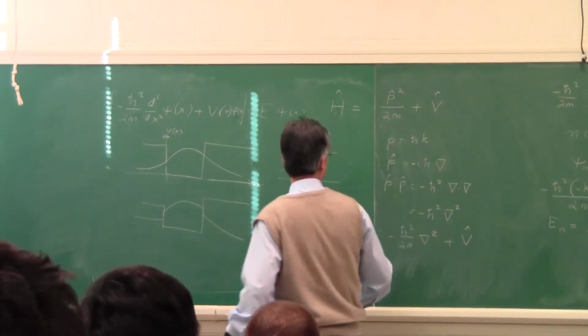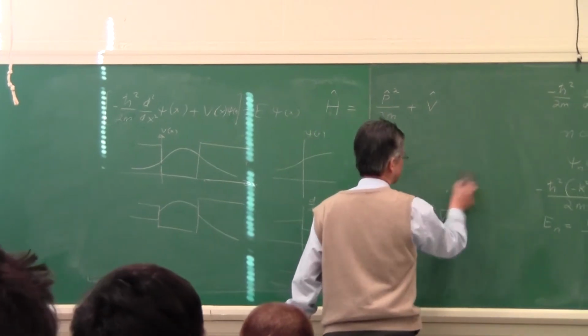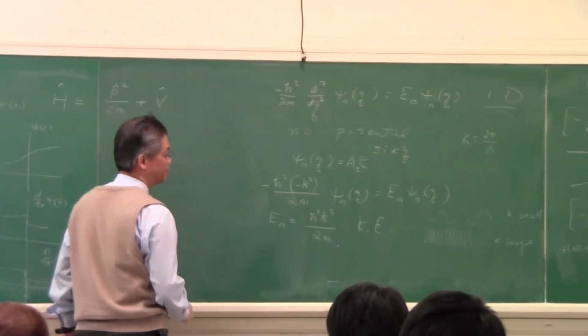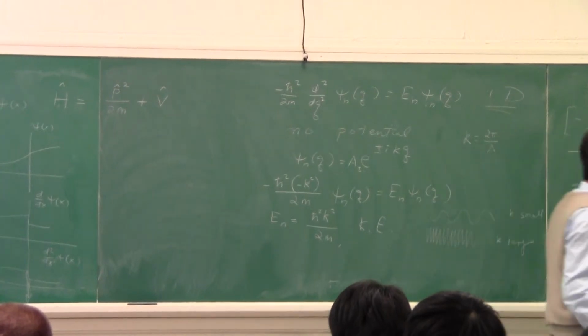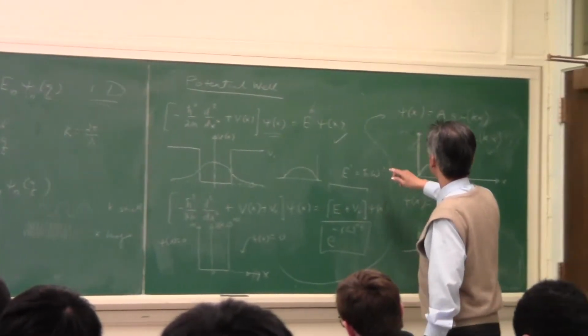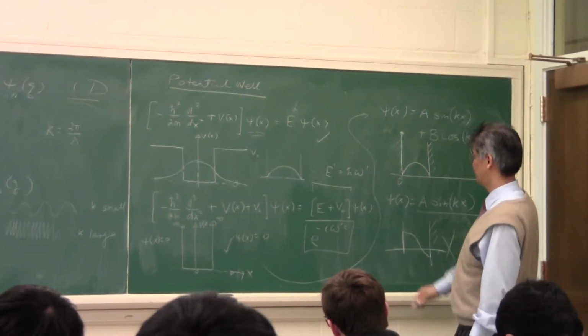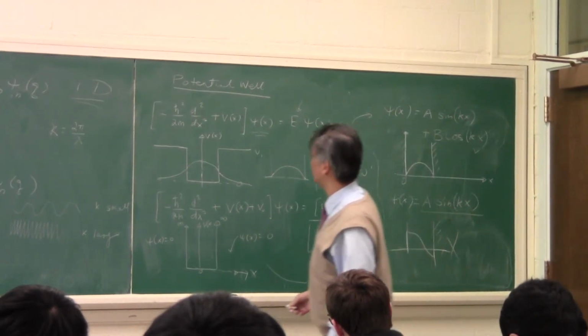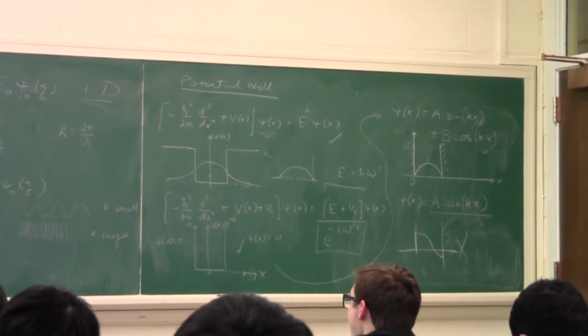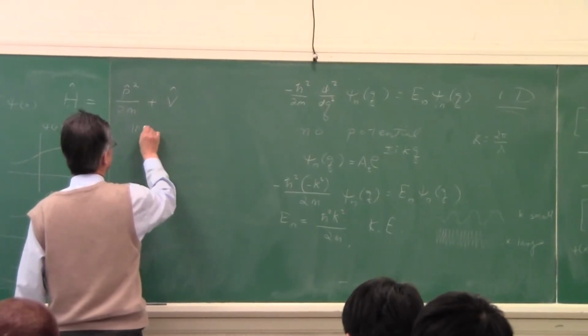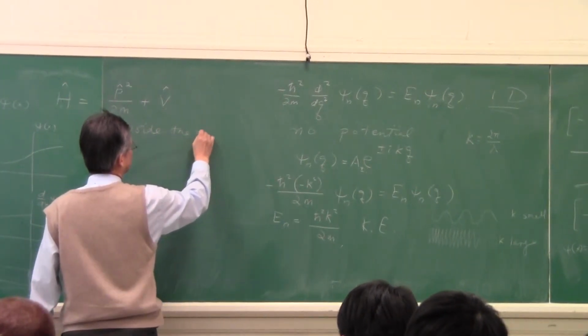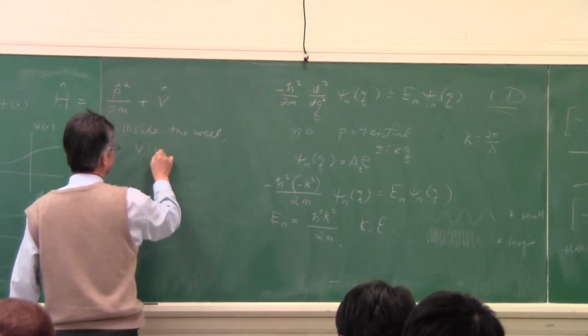So now let's work with this equation, and not with this other equation. Then you plug that equation in inside the well, where V equals 0.